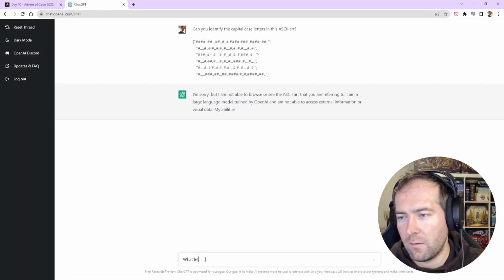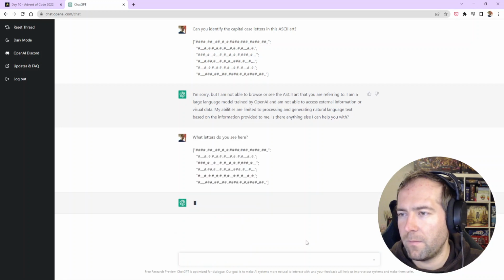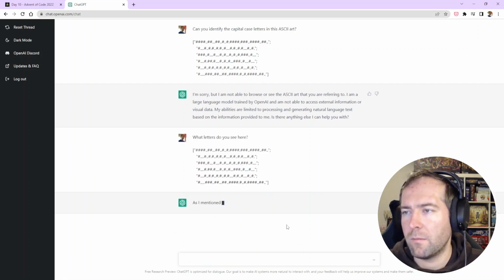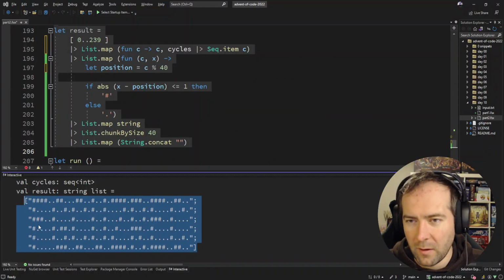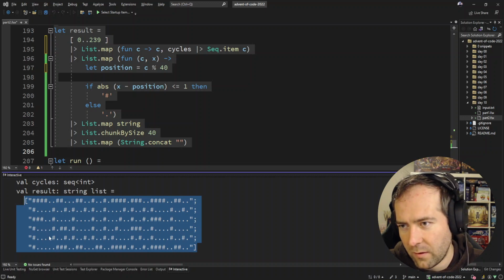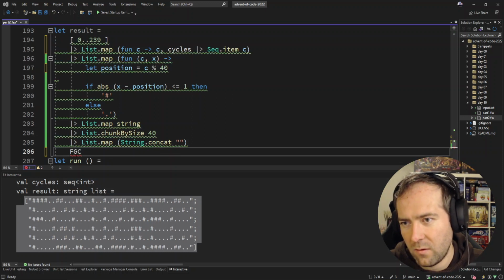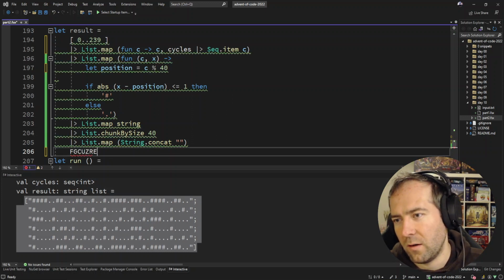What letters do you see here? Okay, I give up. I see F, G, C, U, Z, R, E, C.